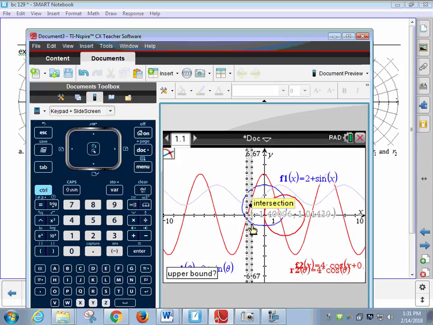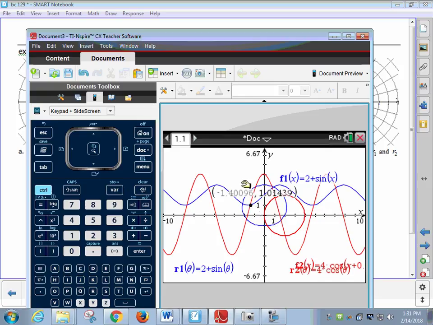The first one is roughly 1.4-ish. Did you agree? Negative 1.4? That sounds more familiar. What did I do wrong?